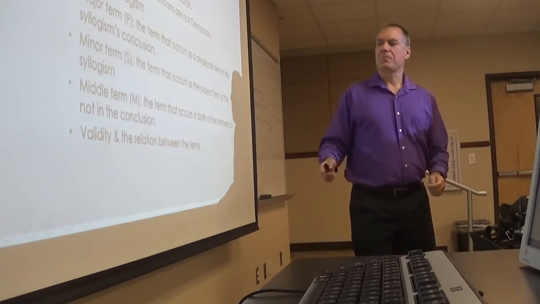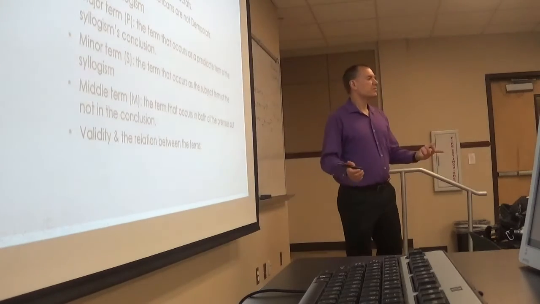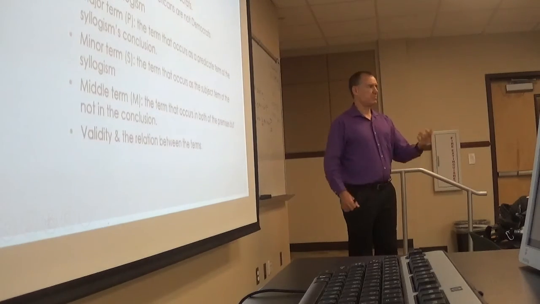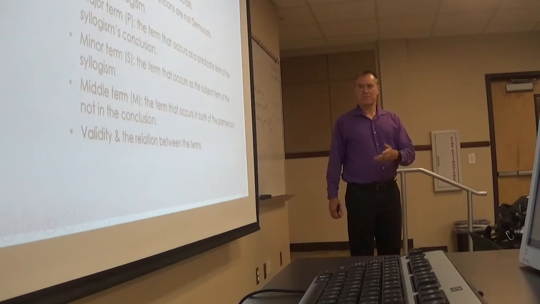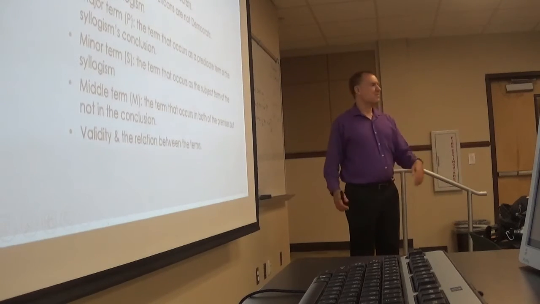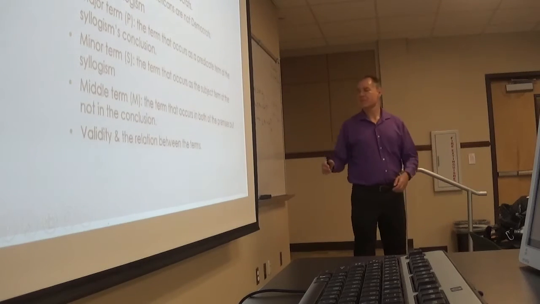As to why they call it major, minor, and middle, it's tradition, essentially. It goes back, I believe, to the Middle Ages, and it just stuck, and it's used to label what they are.